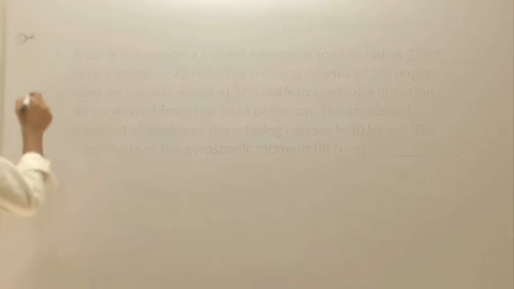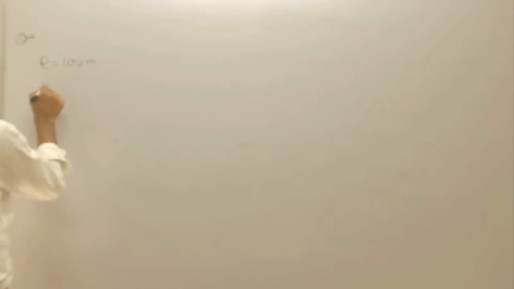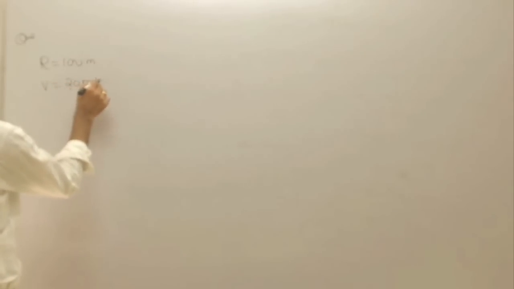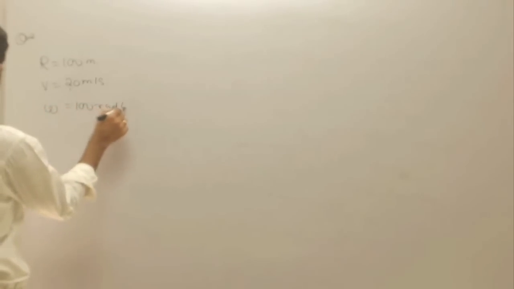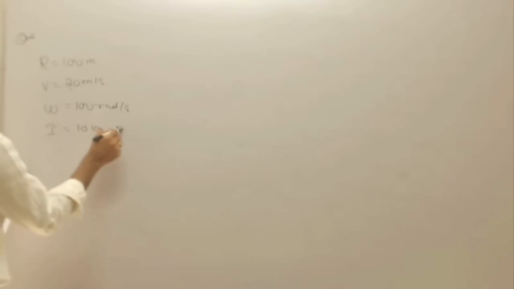So the radius in which the car is turning is given as 100 meter. The speed of the car is given as 20 meter per second. The angular speed of the engine is given as 100 radian per second in clockwise direction when seen from the front. The combined moment of inertia I is given as 10 kg meter square.